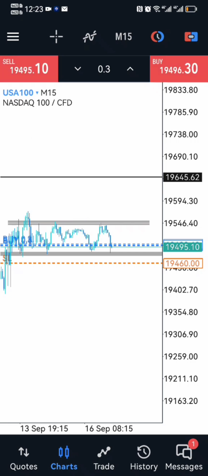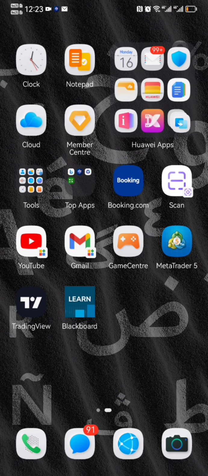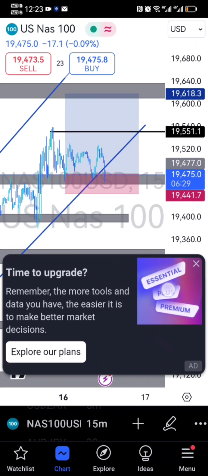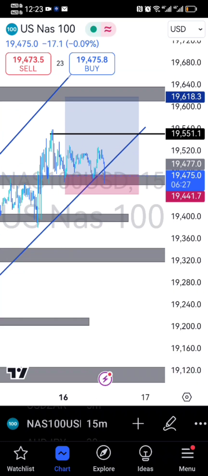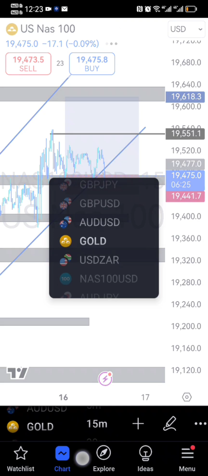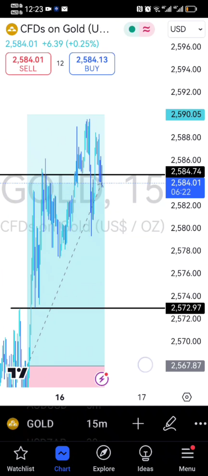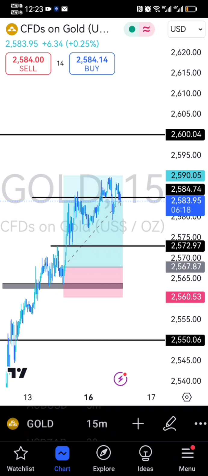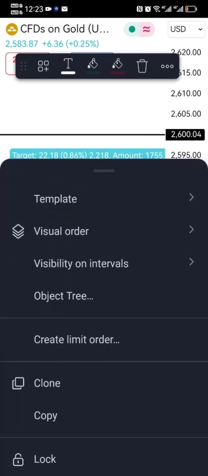And I quickly want to show you guys something for gold. Remember, Friday I opened a position for gold, and then I closed because I don't hold over the weekend. So this is how the position actually went. It went all the way to TP, smashed TP, and then boom, came back down.